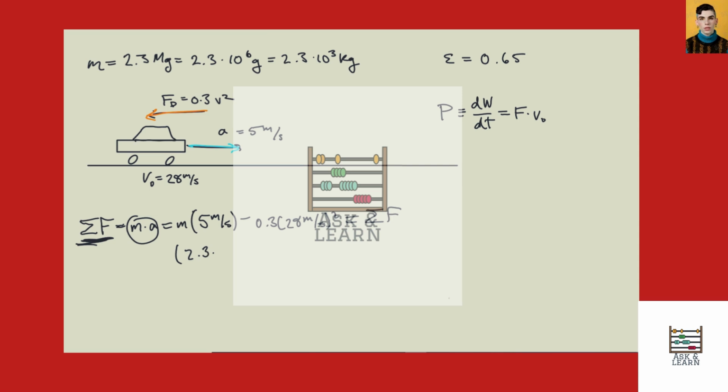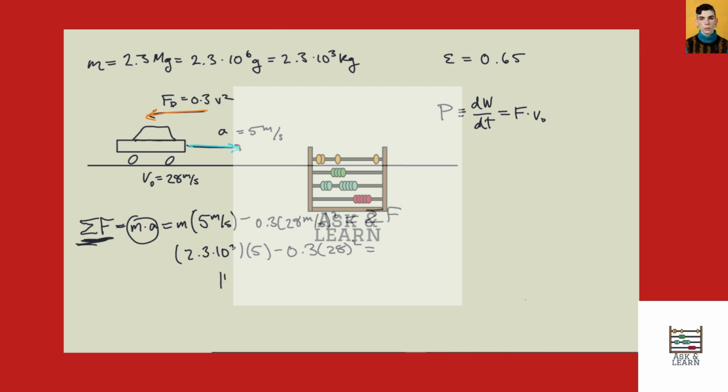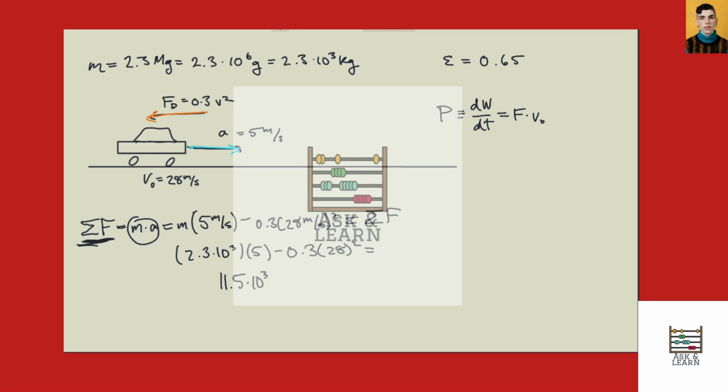We have 2.3 times 10 to the 3 times 5 minus 0.3 times 28 squared. That's just the numerics. So we have 2.3 times 5 will give us 11.5 times 10 to the 3 minus 0.3 times 28 squared.